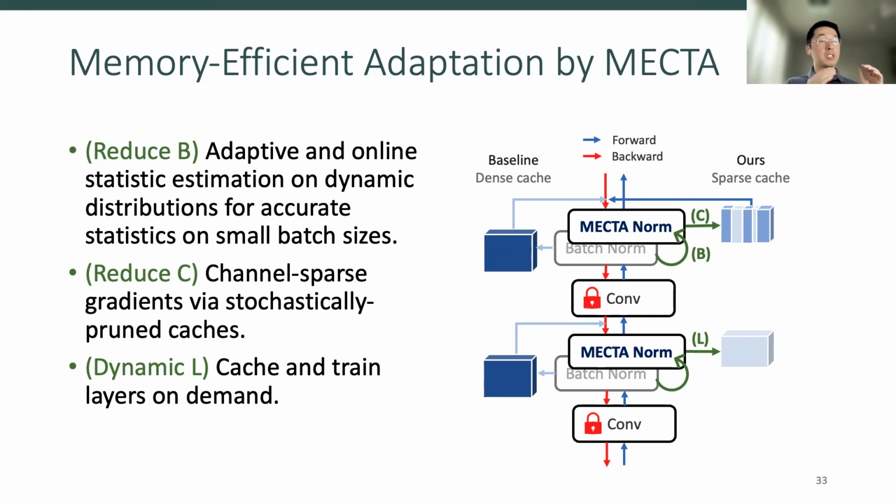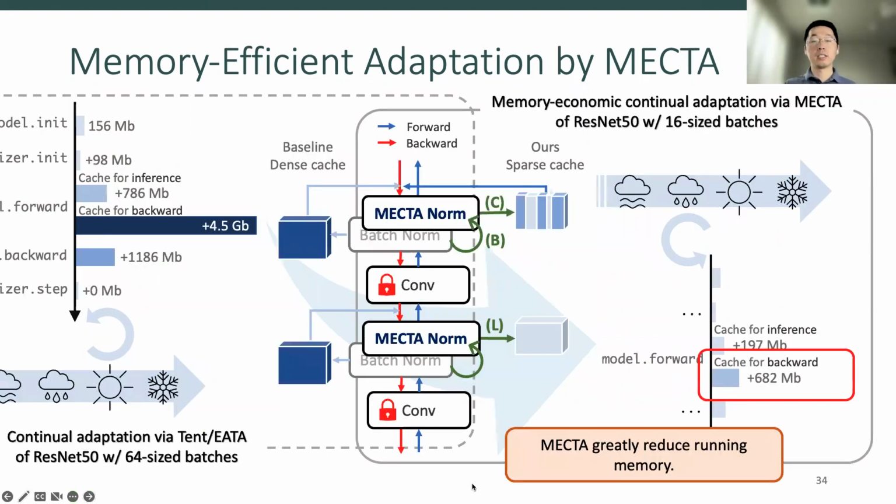If you have a lot of batches continually coming into the stream, you will be able to restore the actual gradients per layer. Also, we can dynamically determine when to compute a gradient for each layer and when to stop it. This strategy maintains a good trade-off between memory and accuracy.